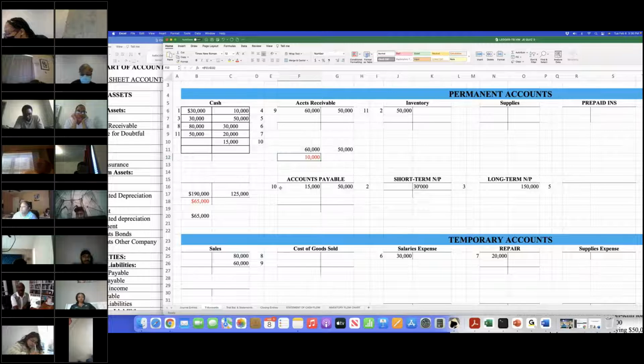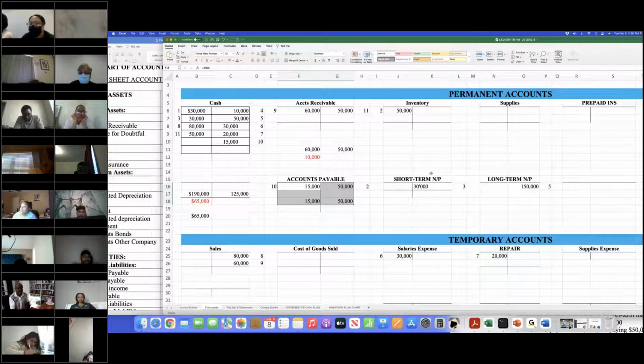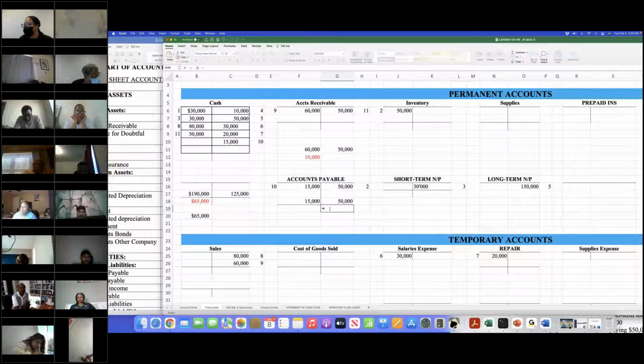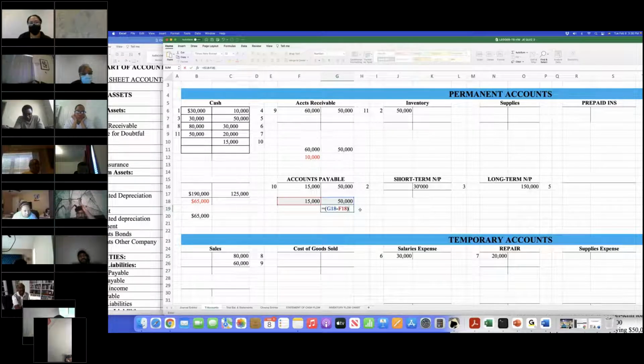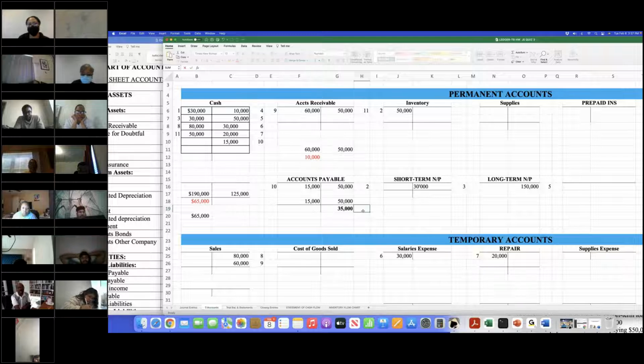So we're going to autosum the accounts payable. But this time, because the credits are larger, we're going to put the equation on the credit side. Equal, shift parentheses, we're going to click on the 50,000, put the minus in, we're going to click on the 15,000, and that gives us a balance of 35,000 on the credit side.